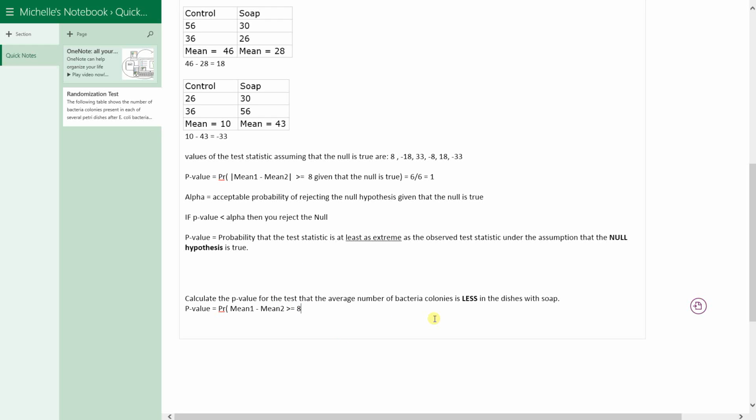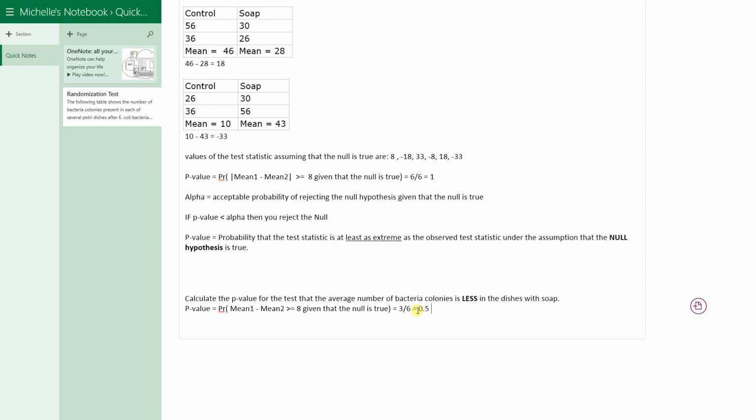Given that the null is true, we still have the distribution of the test statistic, assuming that the null is true. We just count the number of times it's greater than or equal to 8. It's greater than or equal to 8 1, 2, 3 times, 3 out of the 6 times.